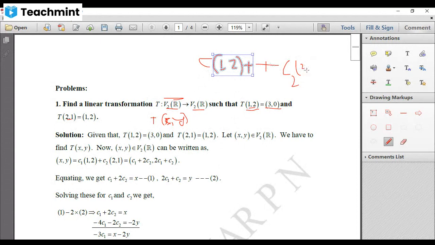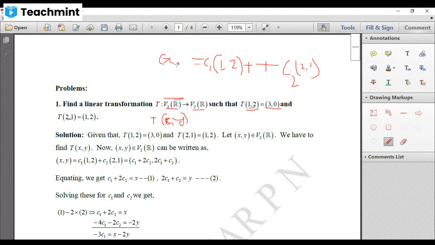In that fashion you have to write this. C1 into 1 comma 2 plus C2 into 2 comma 1. Only two elements are having images, so I'm writing that. That should be equal to ordered pair x comma y.